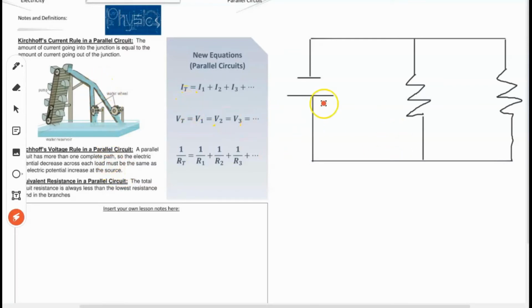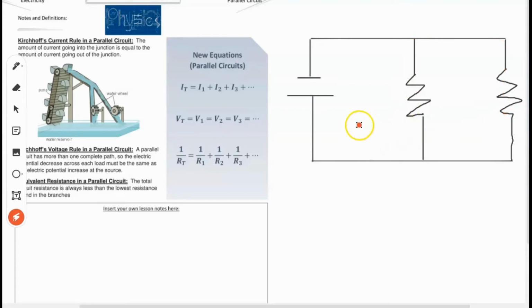Okay? And because we have water going down each pathway, the currents are no longer the same like they were in series circuits. But they eventually come back together. And so we can say the current that goes through the battery is equal to the current that goes through our first resistor here, plus the current that goes through our second resistor.